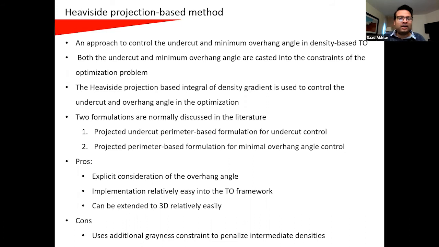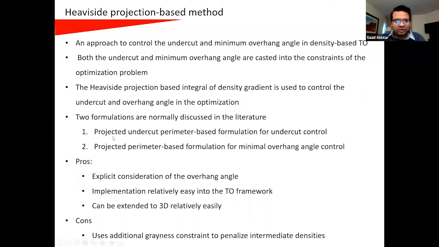Basically how it works is it's based on the integral of the Heaviside projected density gradient, and through constraints you can control the overhang angle projection. I want to talk about the mathematical formulation in a bit of detail, but it was very interesting, and once you think about it, it was a very logical way of accurately incorporating minimum overhang angle constraints within the design formulation.